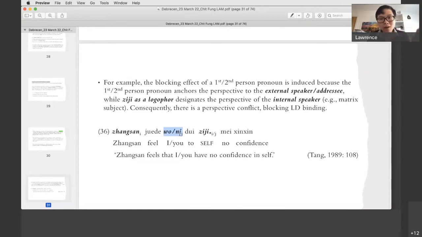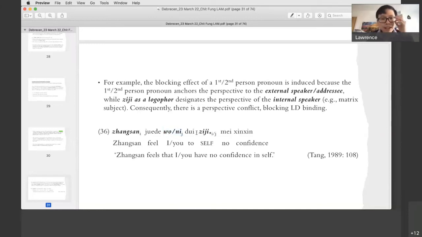Why does it happen? A logophoric proposal explains it by the fact that the blocking effect of a first or second person pronoun is induced because it anchors the perspective of a sentence to an external speaker or addressee. This means that when you say I or you in this sentence, the person speaking is really referring to either himself, the external speaker, or the addressee, the person who is listening to this sentence. Right?